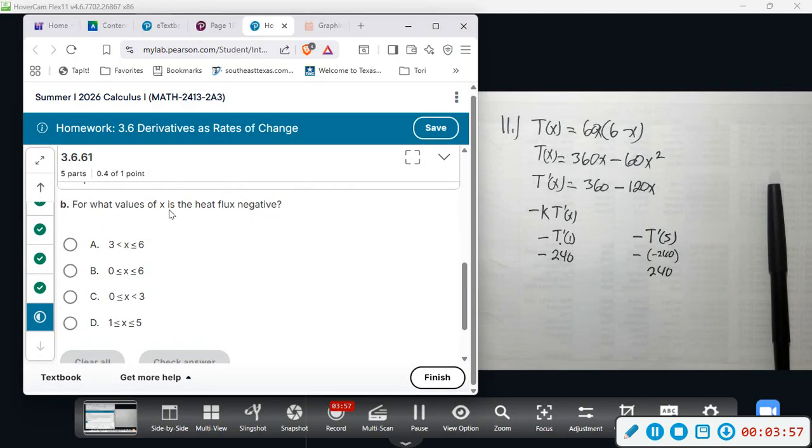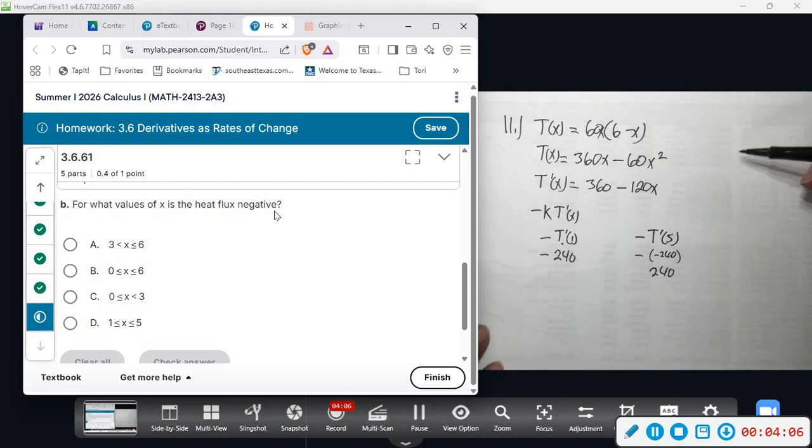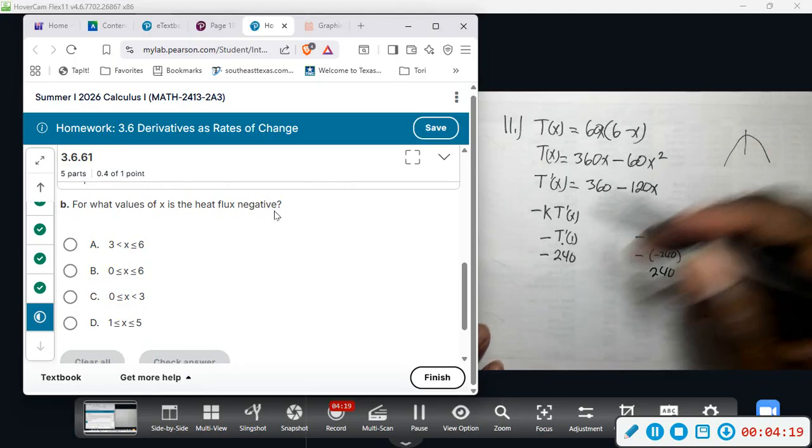All right, so now it wants to know for what values of x the heat flux is negative. If you were to imagine this parabola going up and down, it's looking at the rate of change when we hit that midpoint. So we have a negative part and a positive part. When our slope is positive, we're going to get negative outputs.